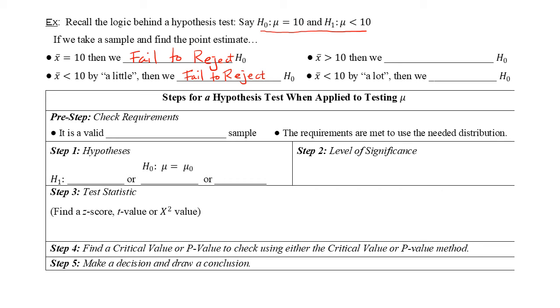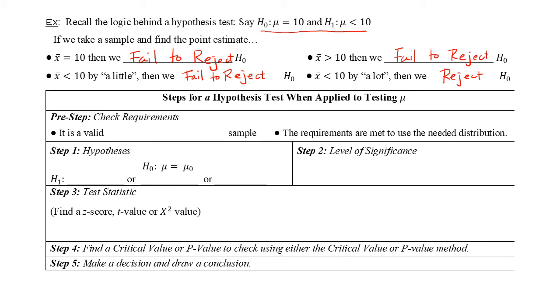If it's greater than 10, well, here the alternative would be that it has to be less than 10. So saying that it's greater than 10, we would still fail to reject. So the only case that we would reject the null hypothesis would be if our sample mean is less than 10 by a lot, in which case then we would reject the null hypothesis, and that would be used as evidence to support the alternative.